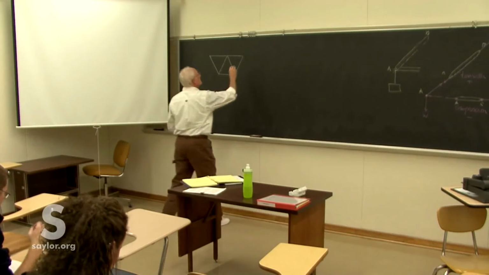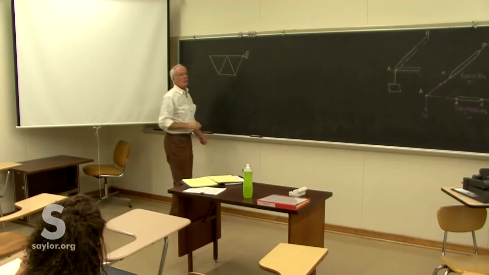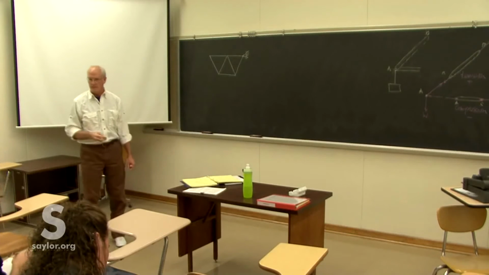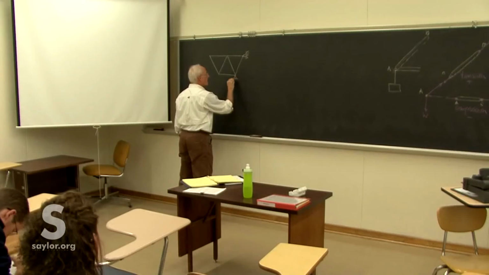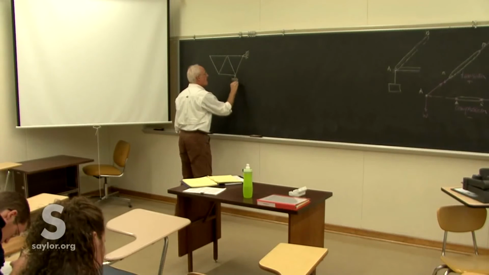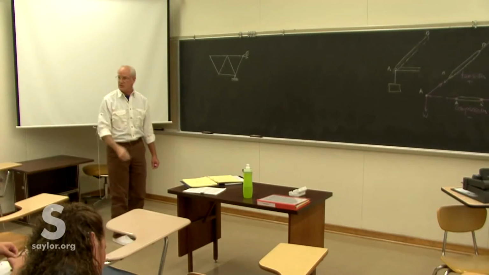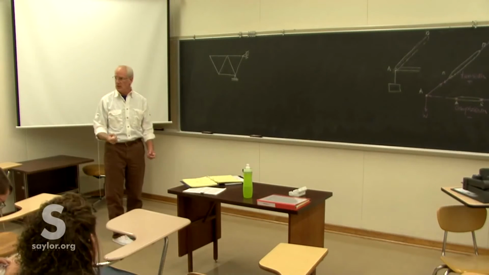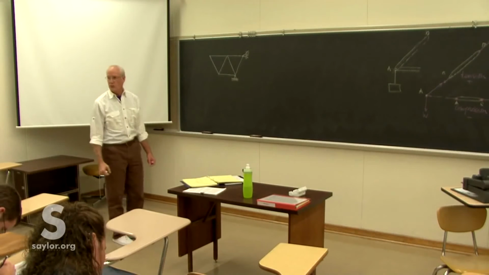So we've got this structure and it's pinned in support at one corner. Has a roller support at the other corner. Very same type of thing we were doing with those simply loaded beams. We have to have one support that only has one force in it.